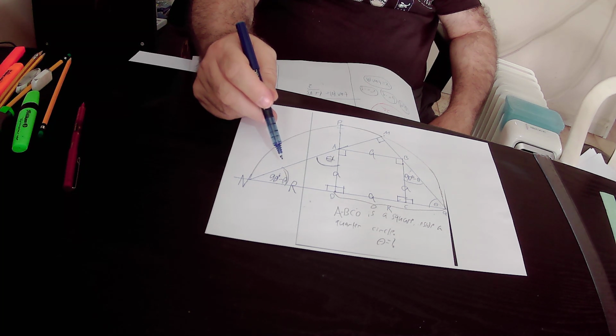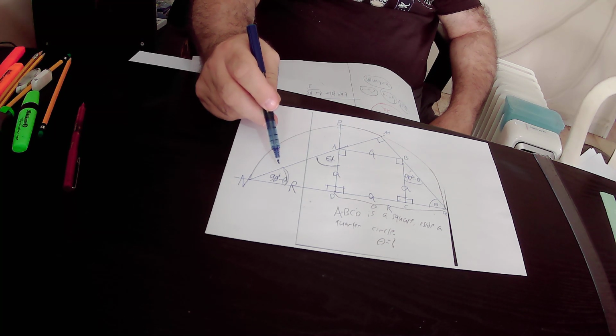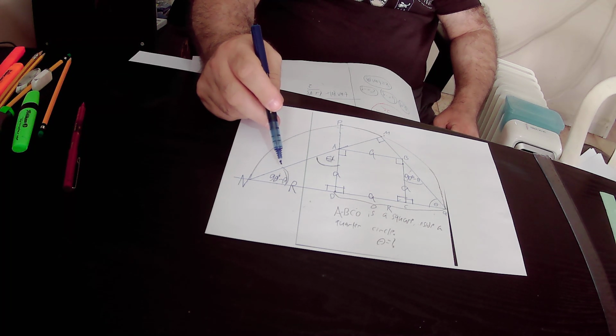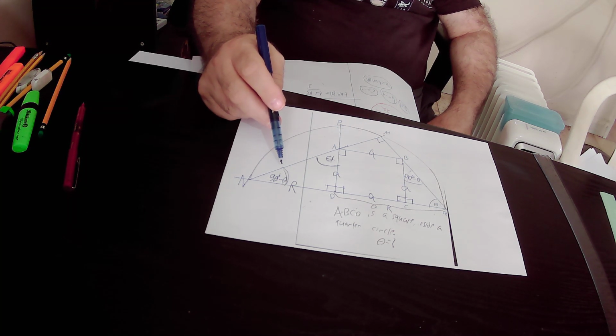Anyway, 90 degrees minus theta is less than 90 degrees from one side, but from the other side it must, for 100%, be a positive number.